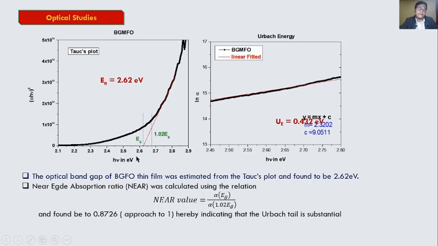I have calculated another parameter known as NEAR or near edge absorption ratio, using the relation given here, and it was found to be about 0.87, which approaches 1, indicating that the Urbach tail is substantial. As there is a significant Urbach tail, I have calculated the Urbach energy, and it is found to be about 0.432 electron volt, and it is linearly fitted, and the parameters are given here.